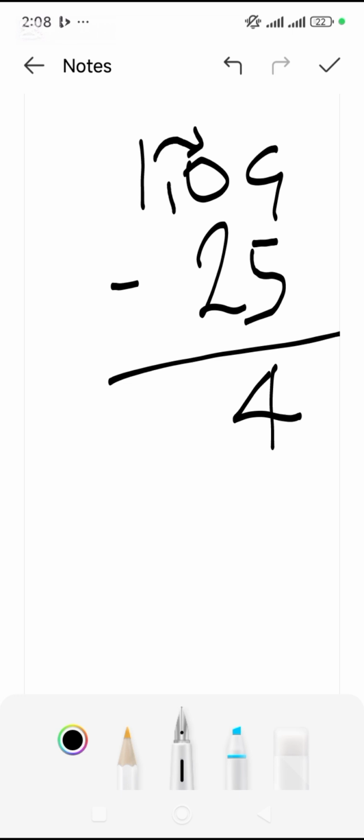Remember, the one is just coming here. What is remaining here is nothing. That's 0. So now here becomes 10. 10 minus 2 is 8. And here is 0, so it's nothing. So this means 109 minus 25 equals 84.